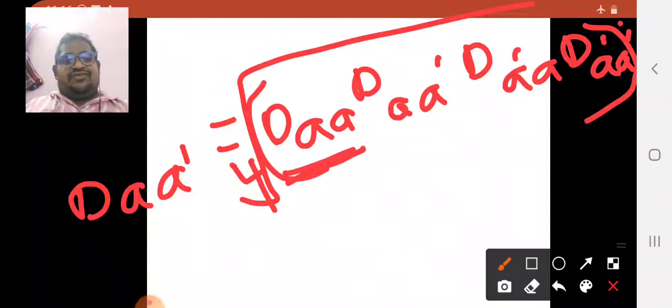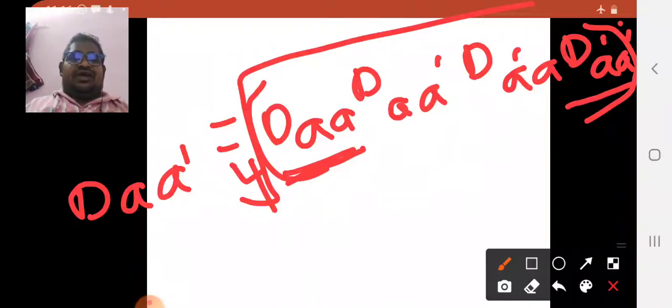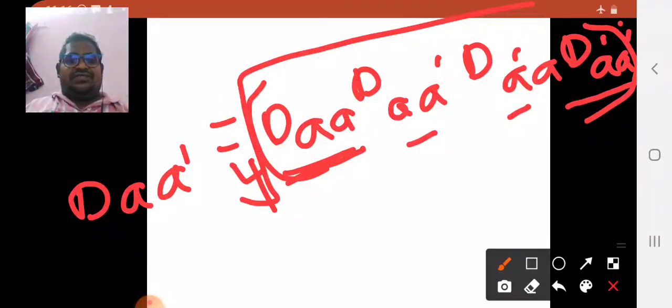DAA is the self GMD of A conductor, and DA dash A dash is the self GMD of A dash conductor. And here you know the distance between A dash and A dash A. So here you don't require to take this one. So what is D A dash? Fourth root of D A, D A dash A, D A dash A dash.